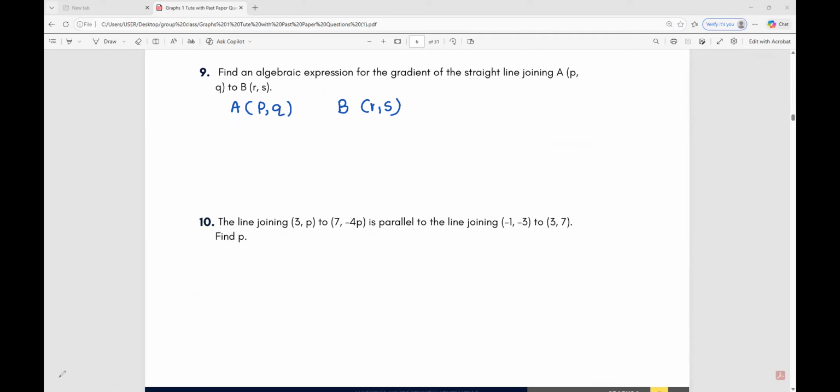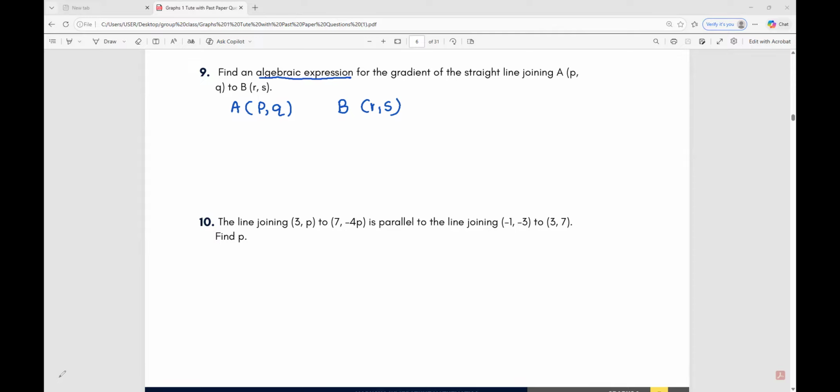Find an algebraic expression. So we can't find any value here, there's no number. So we will only be able to write the answer as an expression in terms of P, Q, R and S.